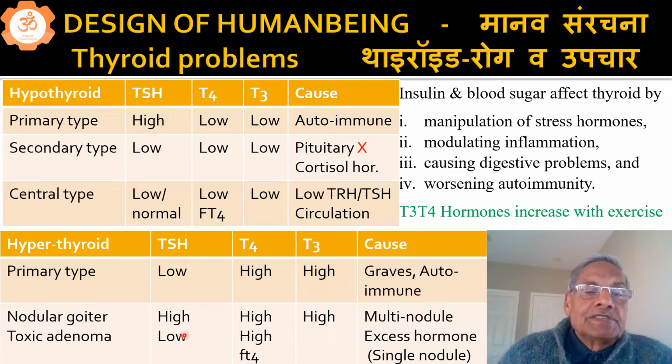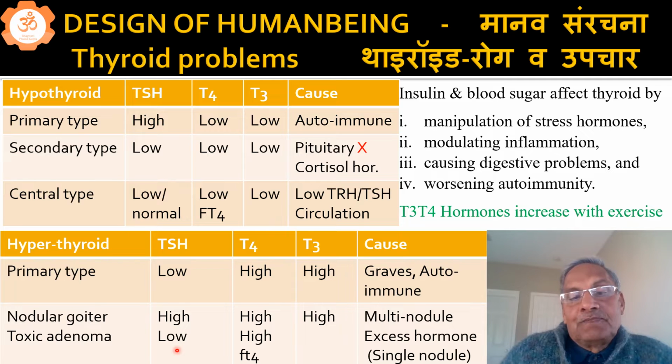And the second type is nodular goiter, when TSH is also high and T4 and T3 both are high, because hyperthyroid means thyroid hormones are more. So then in goiter, what happens? There is a swelling near the vocal cord.